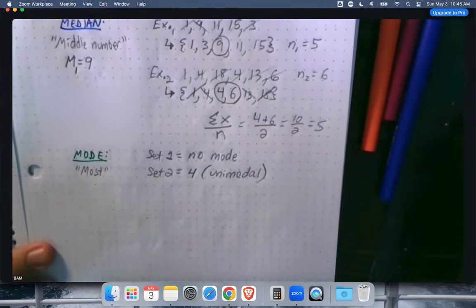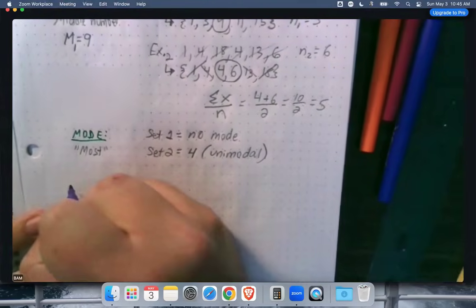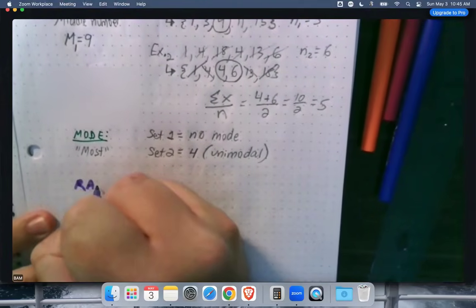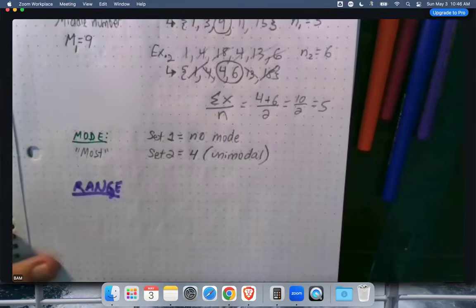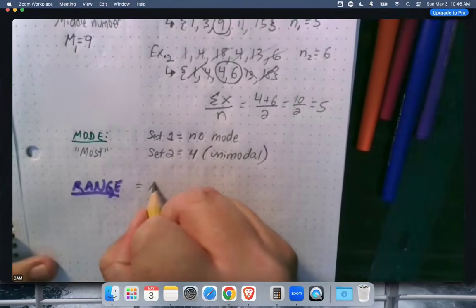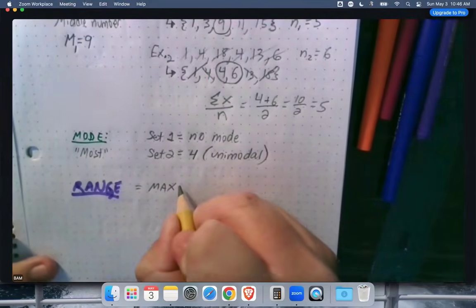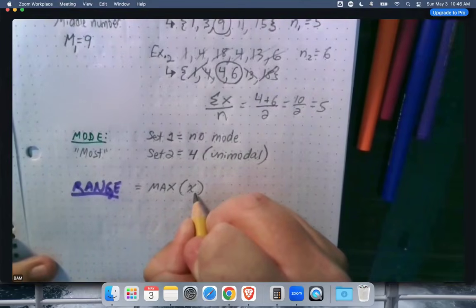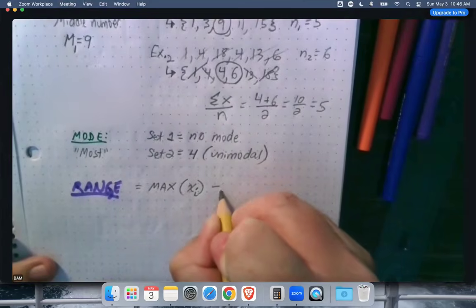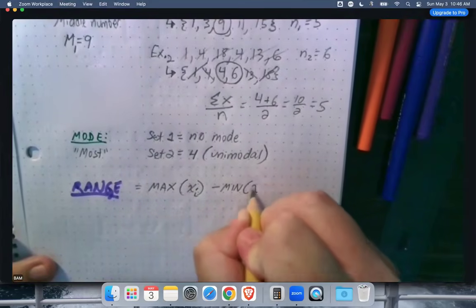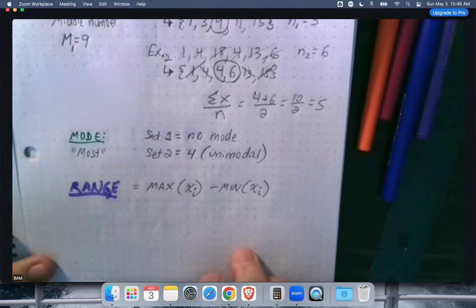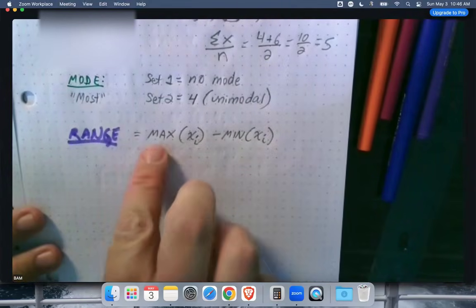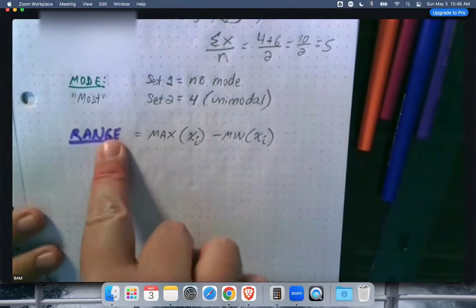And then we have range. The range is a measure of dispersion and it's easy. You just do the max of all the data values minus the minimum of all the data values. Now, when you're showing work, you don't even have to do that. I know you can do it in your head.